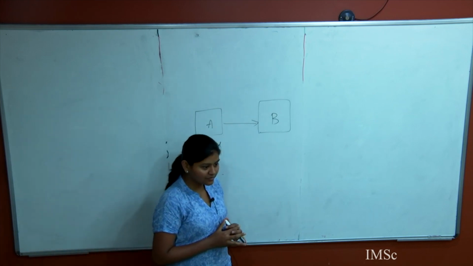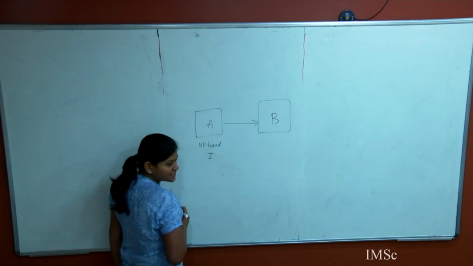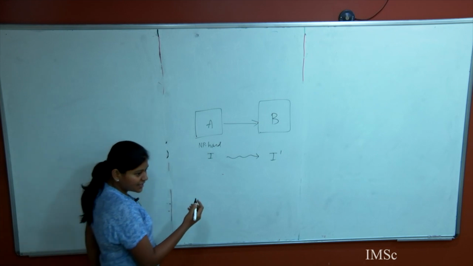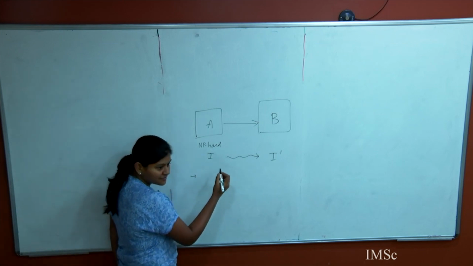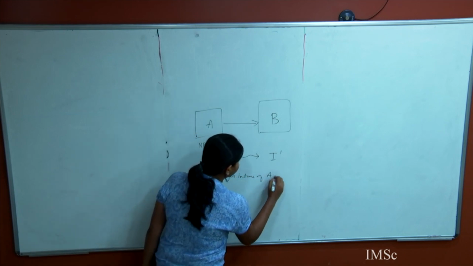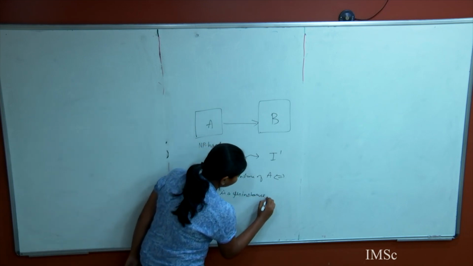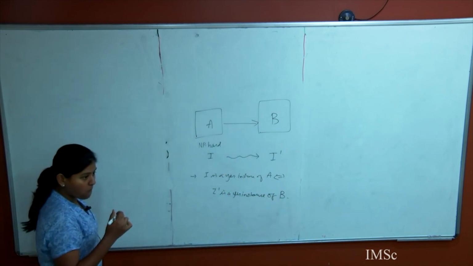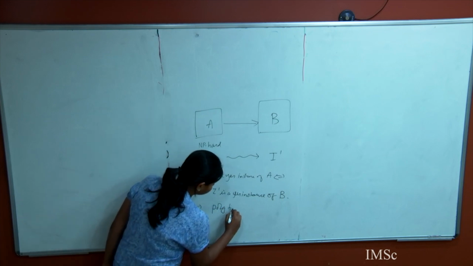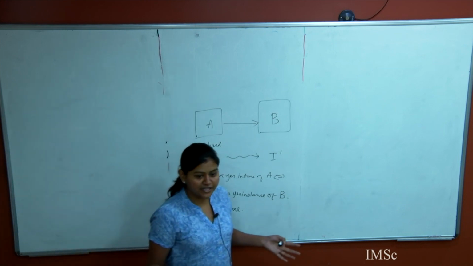In polynomial time, you convert a general instance of A to some specific instance of B. If you are given an instance I here, you convert it to an instance I prime here, such that I is a yes instance of A if and only if I prime is a yes instance of B. And this conversion should be polynomial time, right?